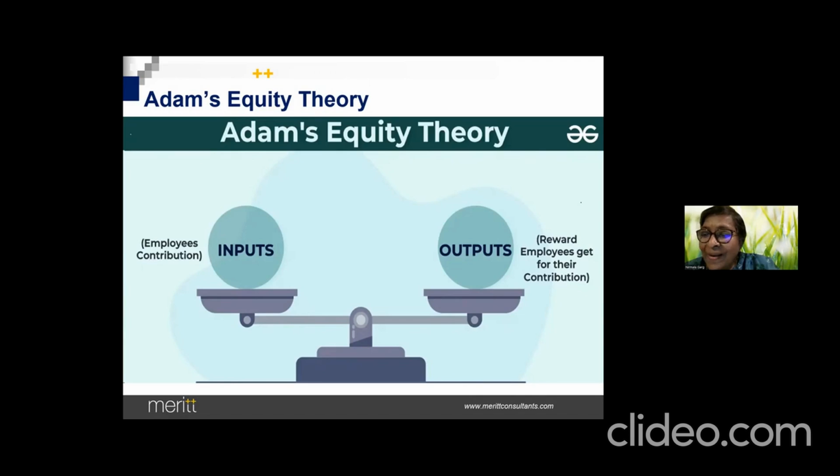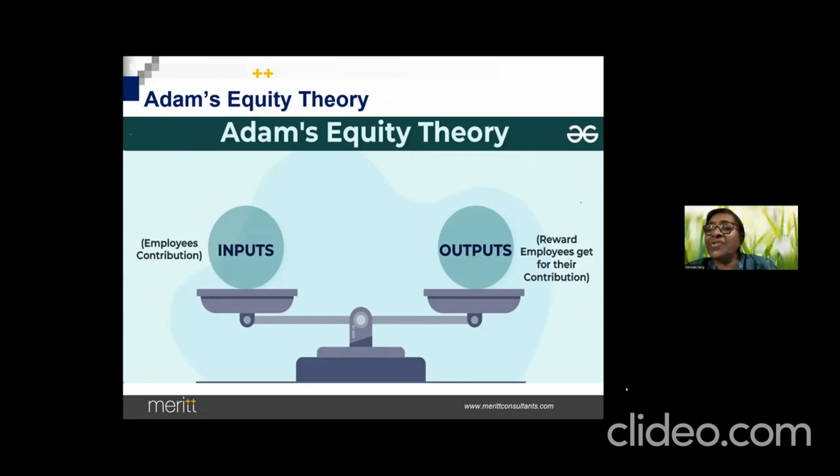From an employee perspective, when the employee feels that whatever input I'm bringing in to the organization in terms of my skill, effort, time, I'm being paid fairly towards that. And from an employer perspective, the employer would see whatever cost to the company in terms of salary, benefits, work life.